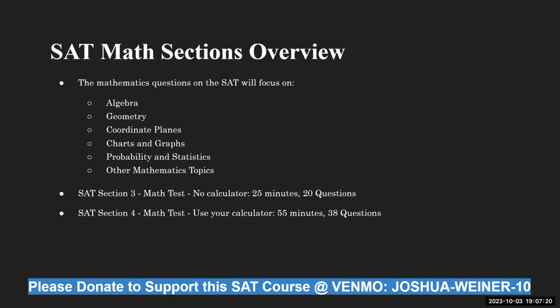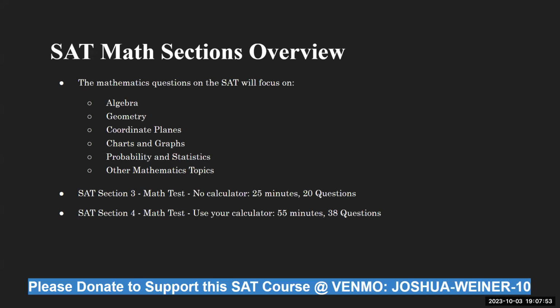As you get ready for your SAT class, the SAT math section will focus on your middle school and high school knowledge of algebra, geometry, the coordinate plane, charts and graphs, probability and statistics, as well as a few other math topics. In its current form, the SAT still has section 3 with 25 minutes and 20 questions and no calculator, and also contains section 4, the calculator section, with 55 minutes and 38 questions.